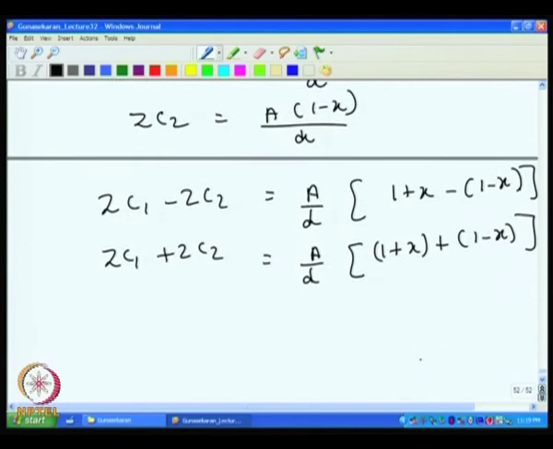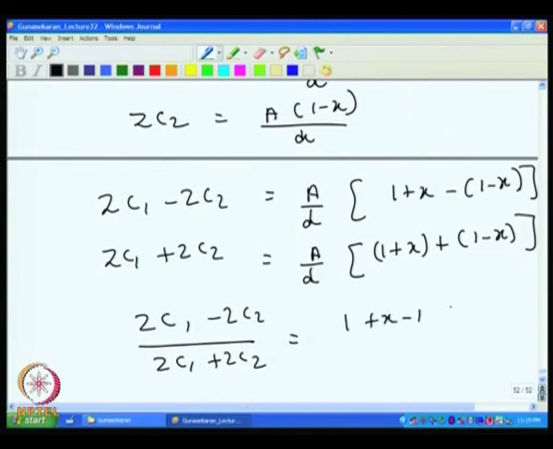So we can find now ZC1 minus ZC2 divided by ZC1 plus ZC2 will turn out to be 1 plus x minus 1 plus x, and the bottom one turned out to be 1 plus x plus 1 minus x. That turns out to be 2x by 2, that comes as x actually.